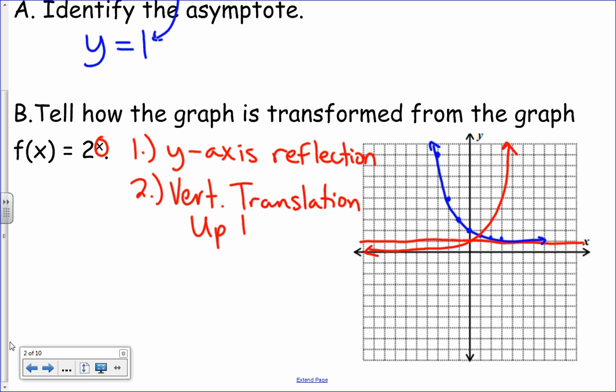And you can see them flipped across the y-axis, and it's moved up 1 because the asymptote for this red one I just drew is at 0, and the asymptote for the blue one moved up to 1. Okay, so it flips across the y-axis, and it's a vertical translation up 1. You could always check it in your calculator. All right, let's move on to the next example.